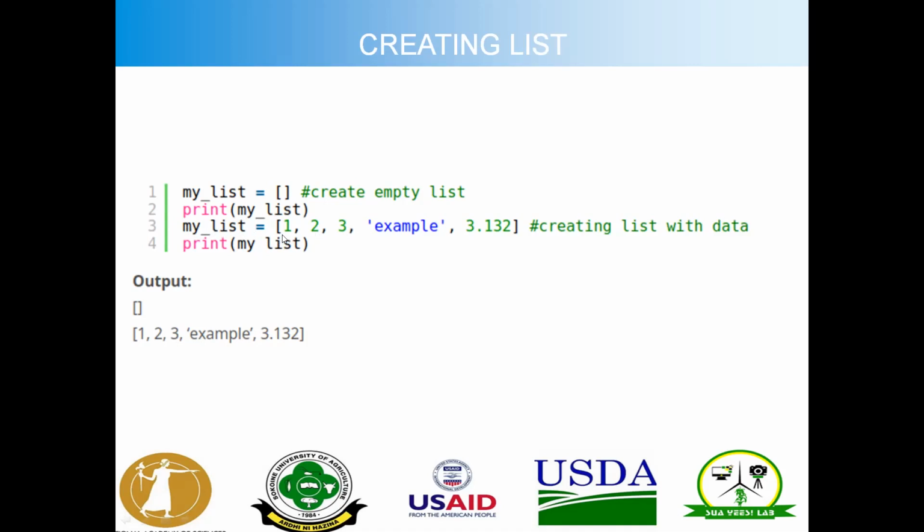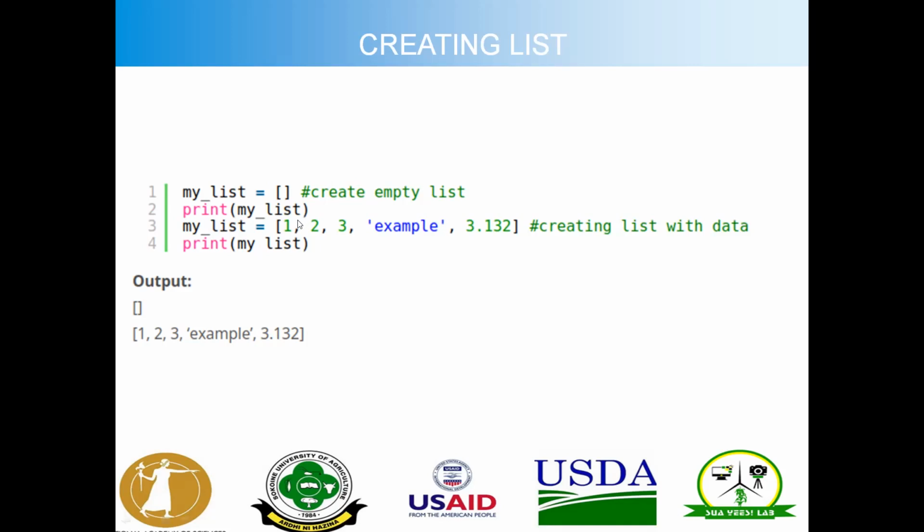For example, here you can see the list with the items 1, 2, 3, and then we have a string example, and then we have a double 3.132. If you remember, we said the list is a heterogeneous data structure. You can store different data types within a single variable.